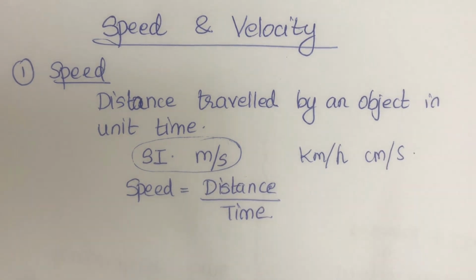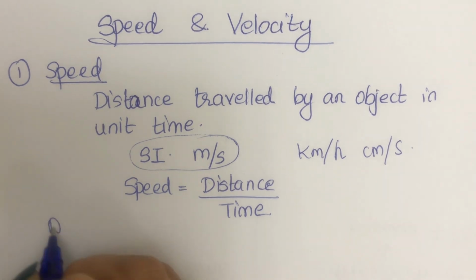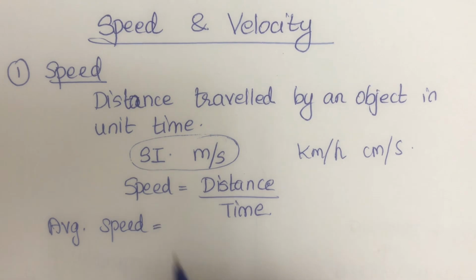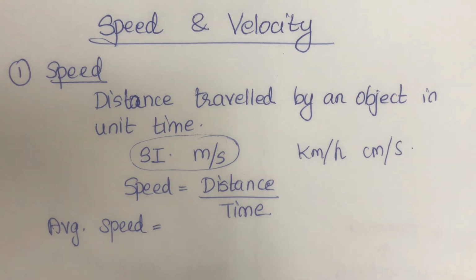The speed of a body will not always be uniform, right? So in those cases we will consider the average speed. What will be the equation of average speed? Average speed is obtained by dividing the total distance traveled by total time taken.